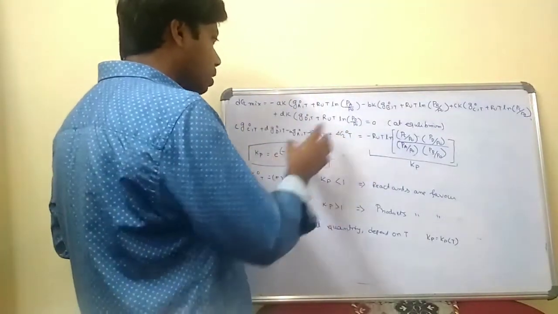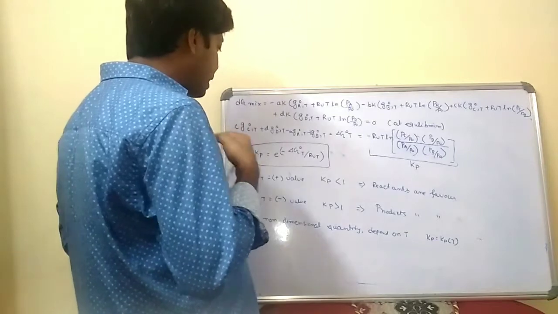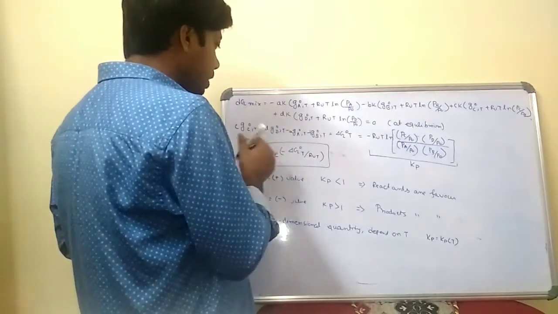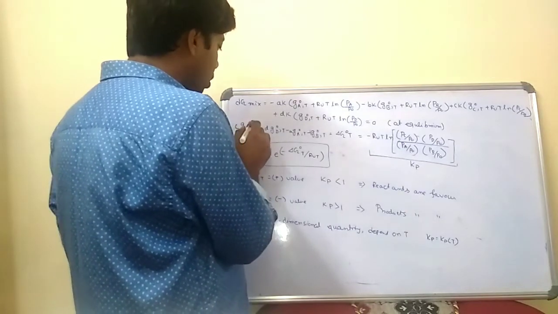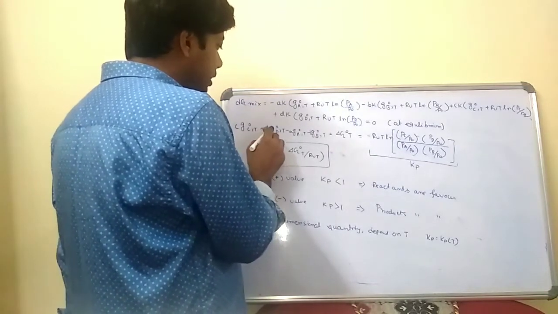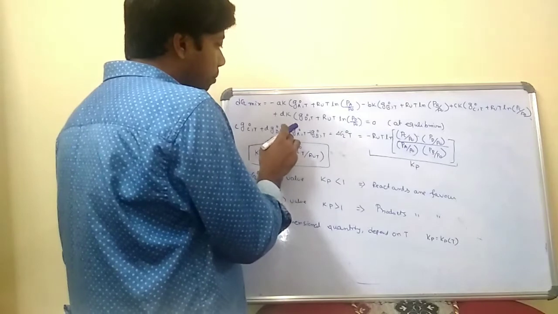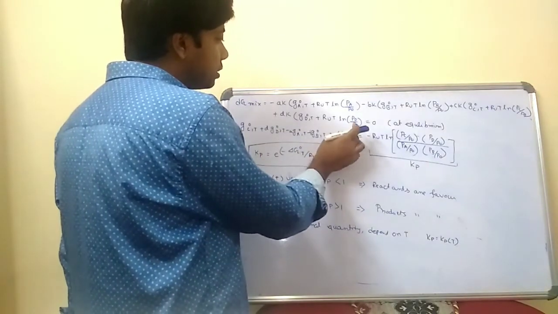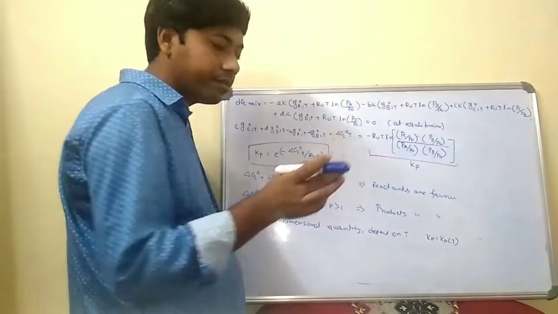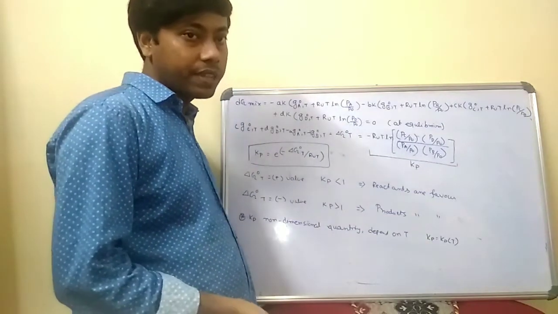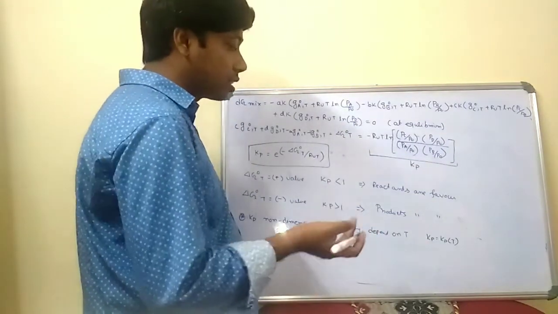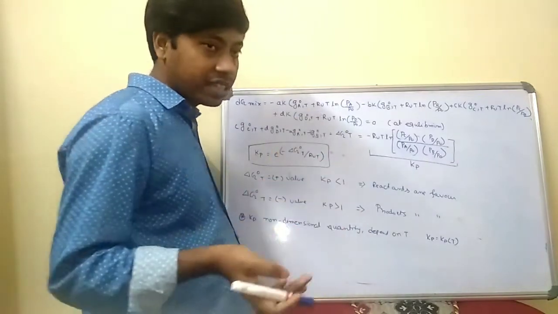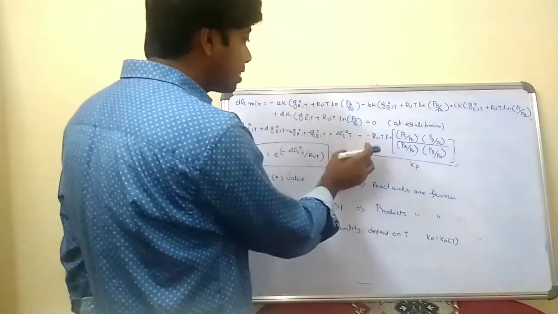So the equation becomes c gc naught T plus d gd naught T minus a ga minus b gb is equal to delta G naught T, that means the change of Gibbs free energy at constant temperature and standard pressure, which will be minus RT ln Kp.